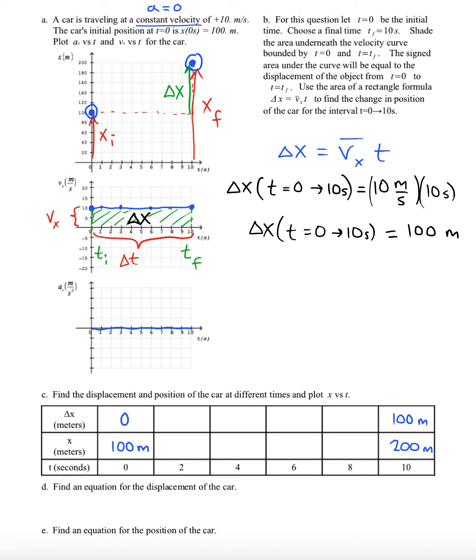All right, so now what we'd like to do is come up with a general equation that will give us the displacement of the car no matter what the final time is. So the general formula is actually simply this formula.